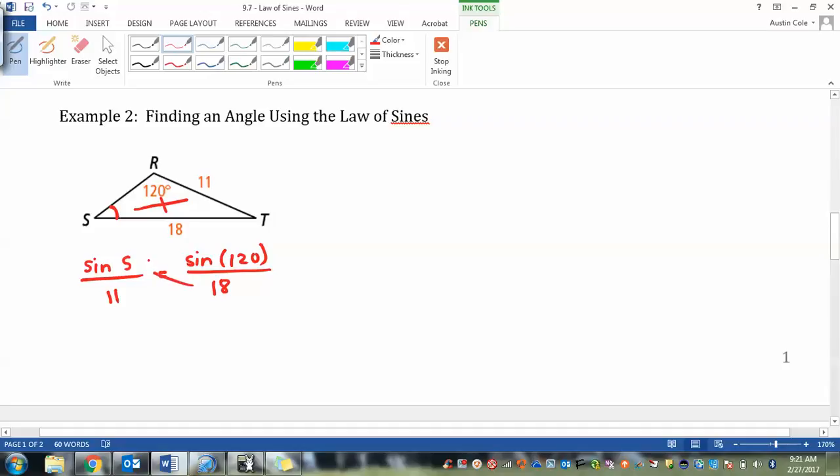So I'm going to take 18 times the sine of S equals 11 times the sine of 120. Now we're trying to find S, right? So I need to get whatever's not with S away. So I'm going to divide both sides by 18.